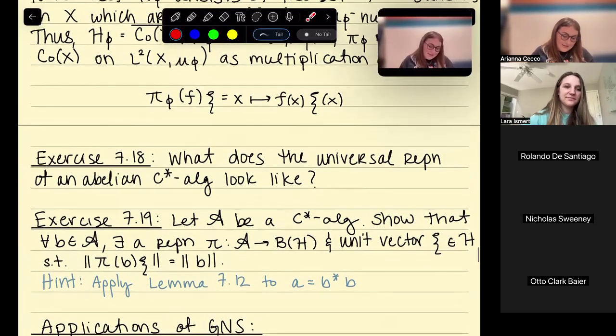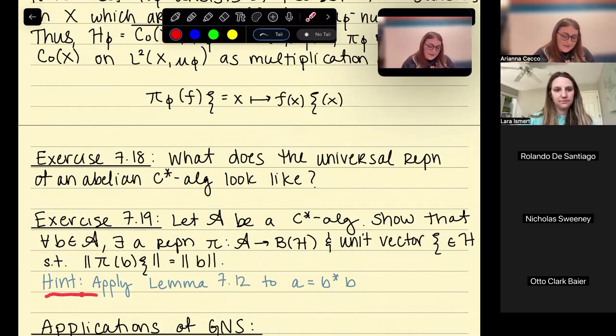The last exercise that I'll talk about: let A be a C-star algebra. Show that for all b in A, there exists a representation pi from A to B of H and a unit vector psi in H such that the norm of pi of b applied to psi is just the norm of b.